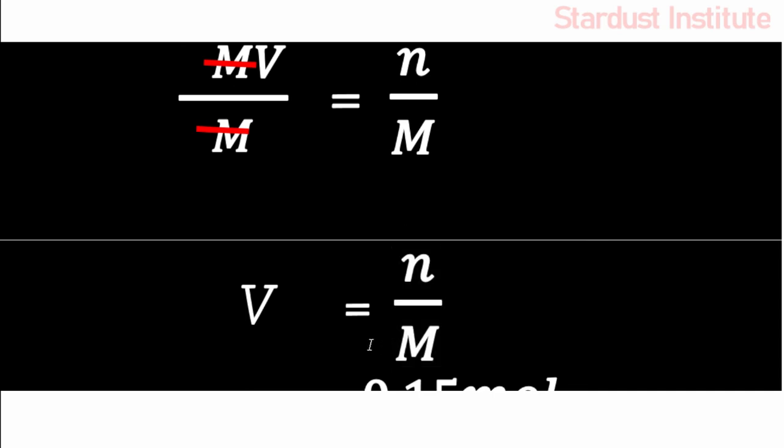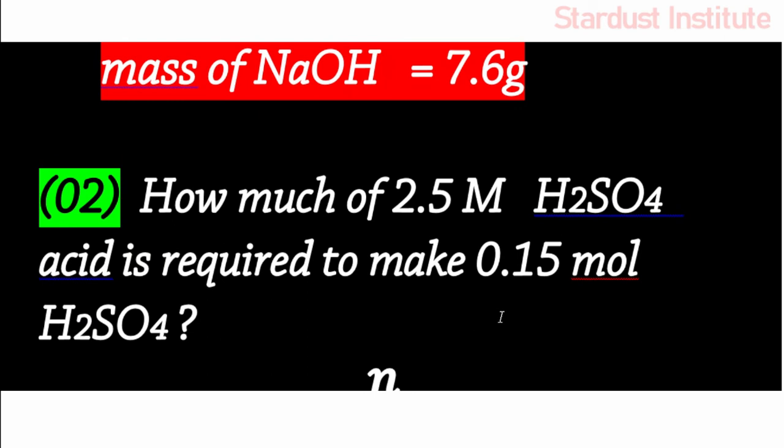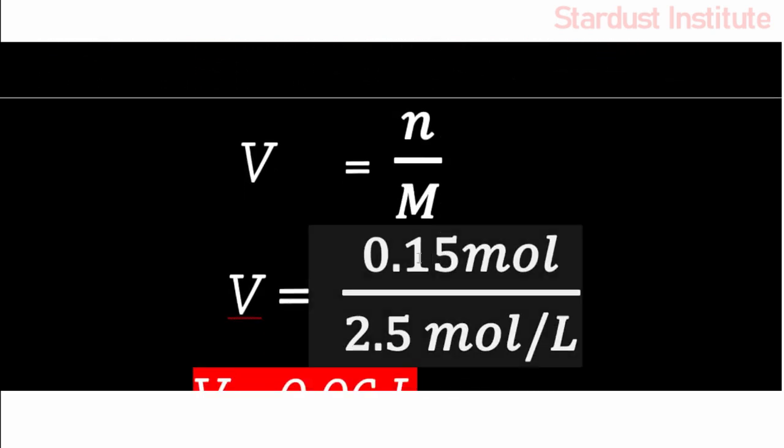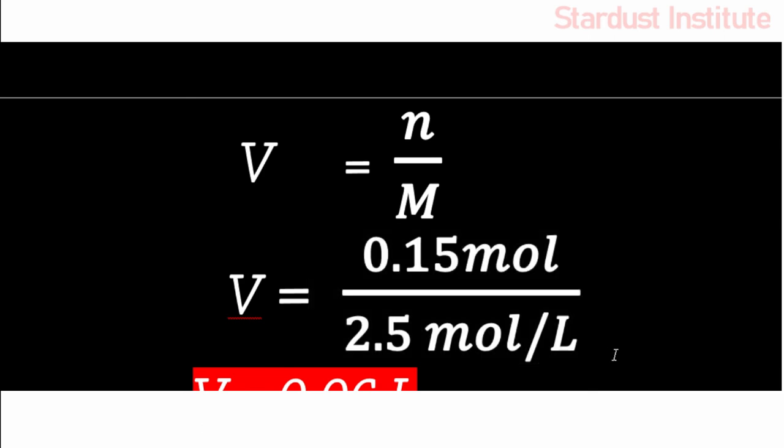We know the number of moles, 0.15. We know the molarity, 2.5. 0.15 mole divided by 2.5 mole per liter.